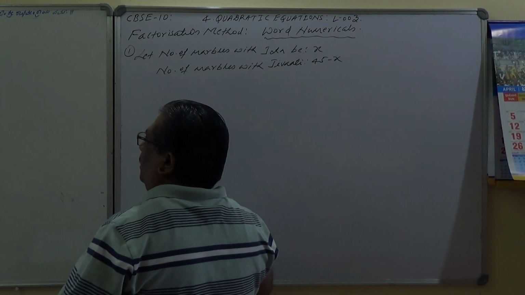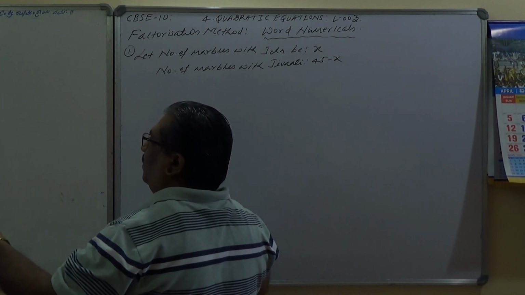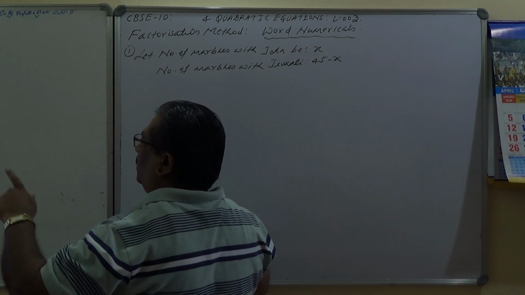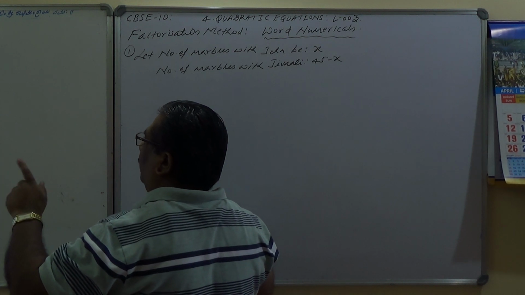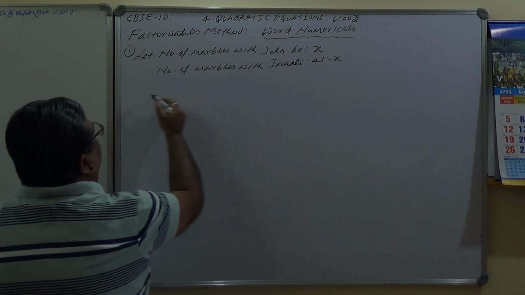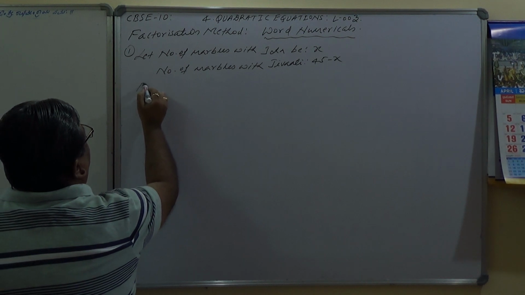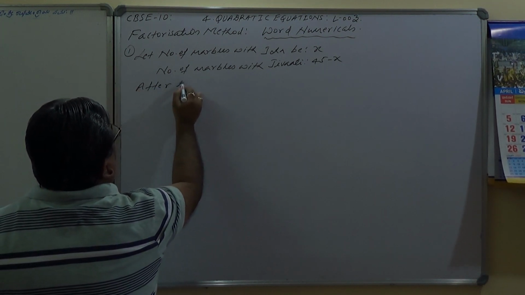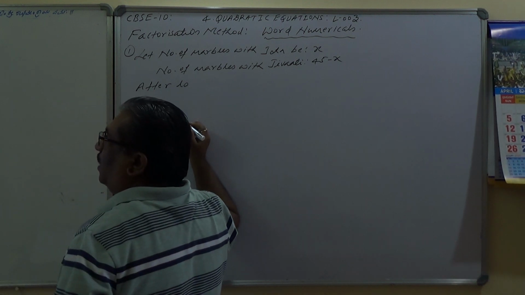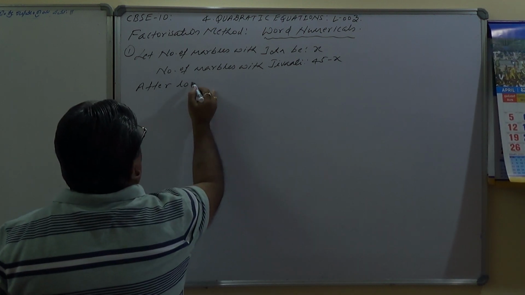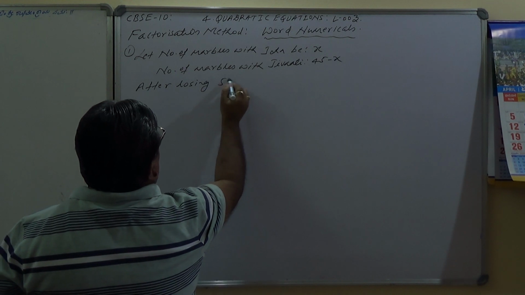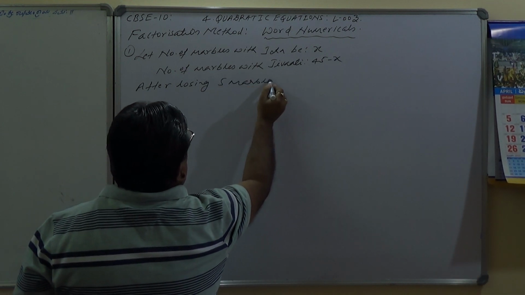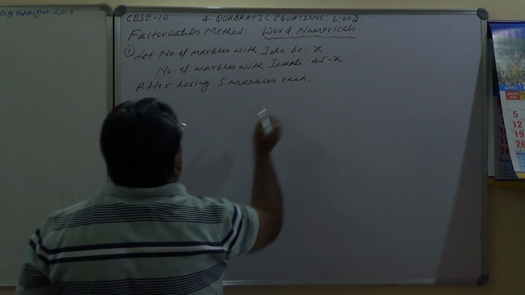Then what is the question? According to the question, both of them lost 5 marbles each, and the product of the marbles they have now is 124. So they have lost 5 marbles each.